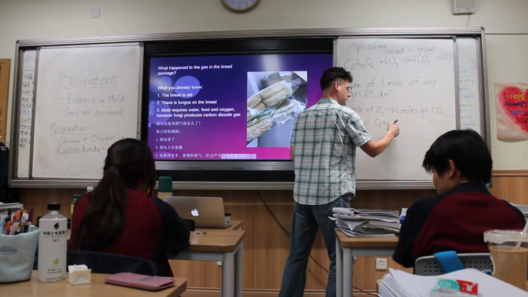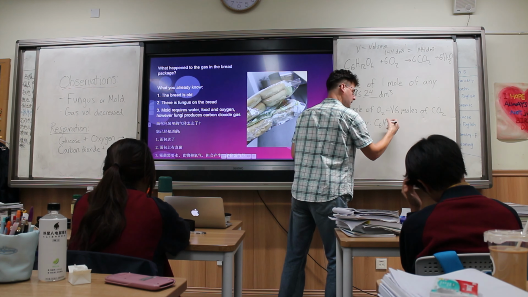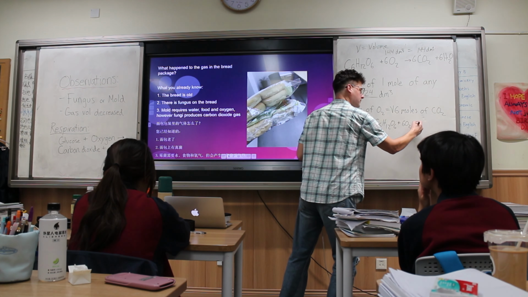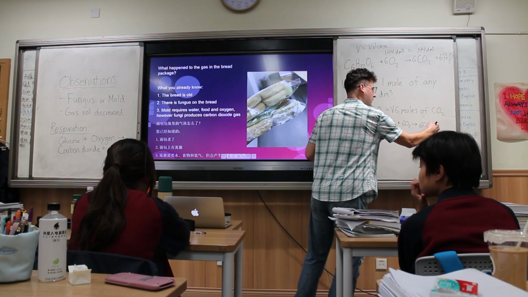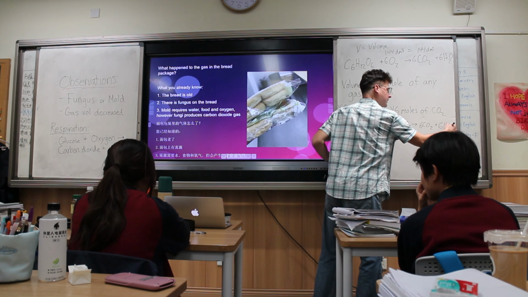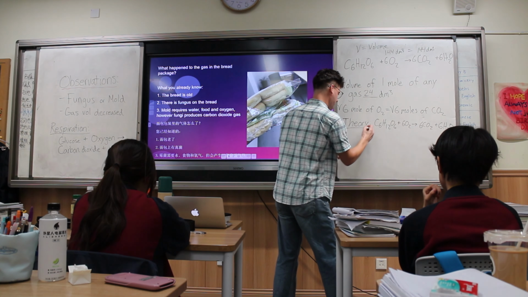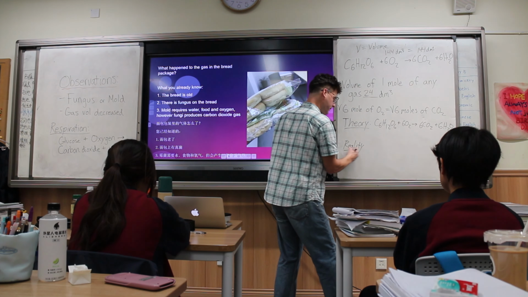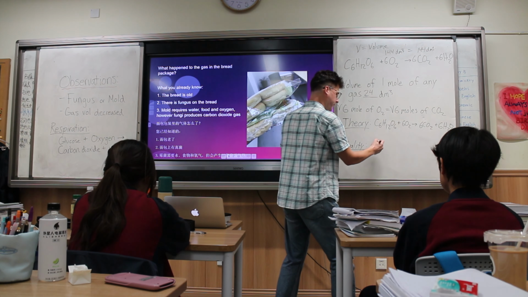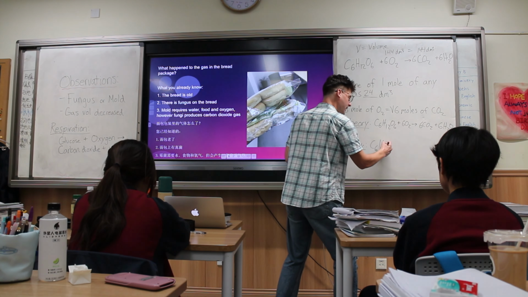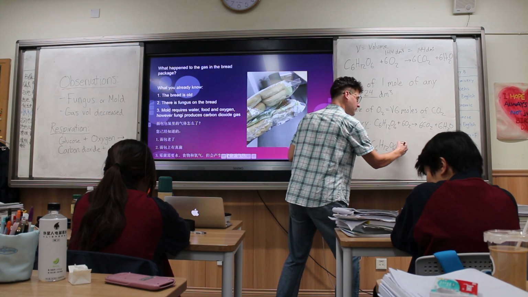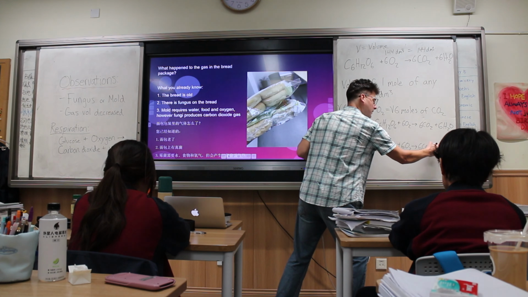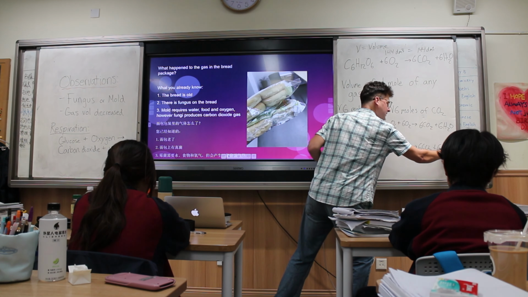So I'm going to write the theory. C6H12O6 plus 6O2 equals 6CO2 plus 6H2O. That's theory, yes. In reality, we know that the fungus is respiring, so we have the same equation, C6H12O6 plus 6O2 equals 6CO2 plus 6H2O.